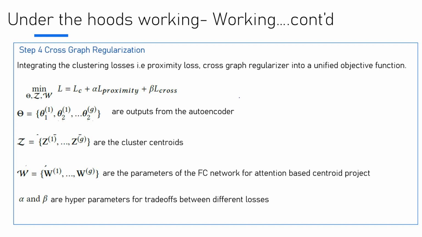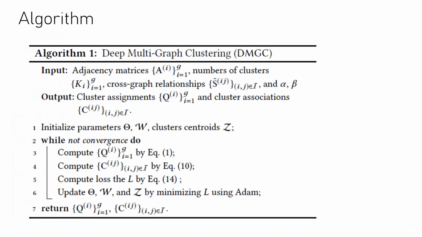So basically, it's min over theta, Z, and W of L_C plus alpha L_proximity plus beta L_cross. Alpha and beta are hyperparameters for the trade-off between losses. Theta, theta_1 to theta_2g, are the parameters of my autoencoder. Z are the cluster centroids. W is the weight parameter for attention-based centroids.